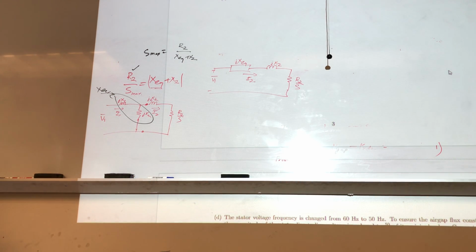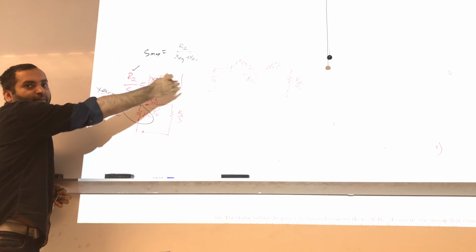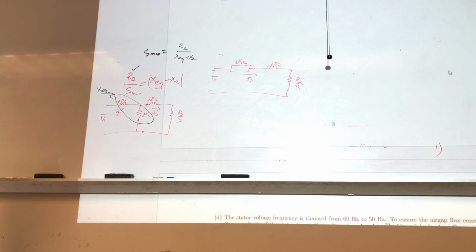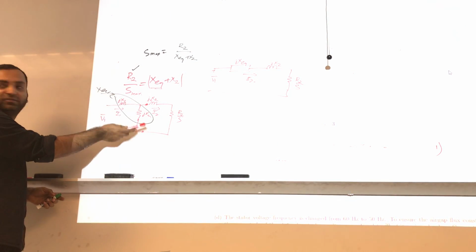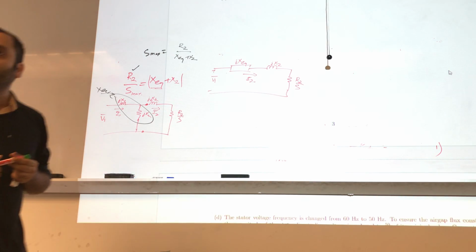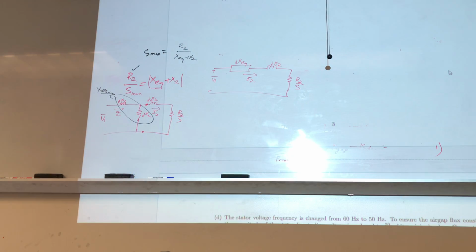You don't use a j here. So you just find the magnitude of this, product over sum of X1 and XM. I didn't try that, but what I did is I first used the j and did everything, and at the end I removed the j to make it the magnitude.